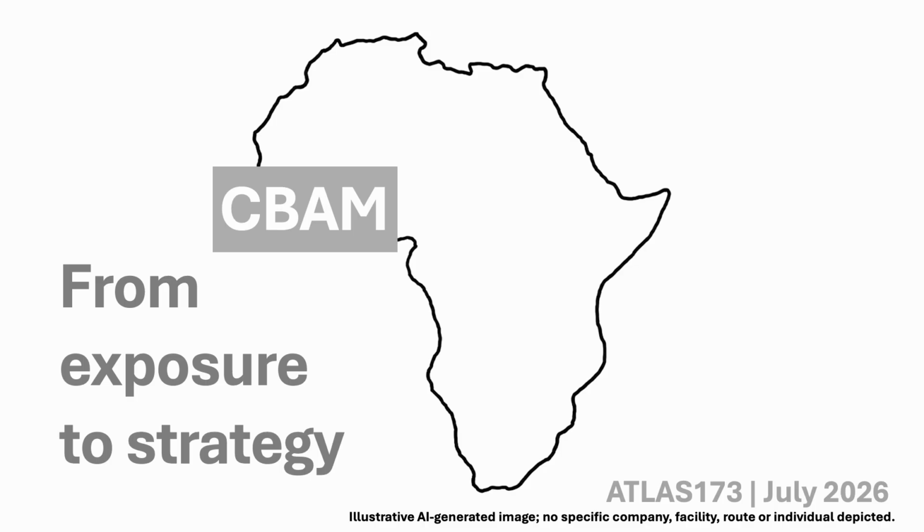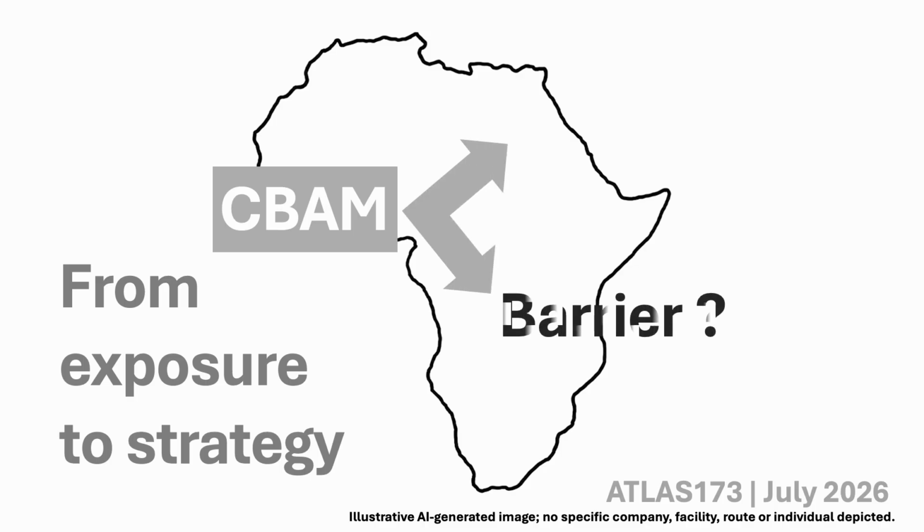At the same time, carbon pricing and certification systems could help African economies retain part of the economic value that would otherwise be collected at the European border. CBAM is therefore not merely a trade cost. It is a signal about the industrial capabilities that will increasingly determine access to global markets.